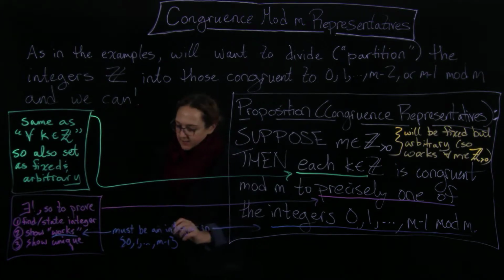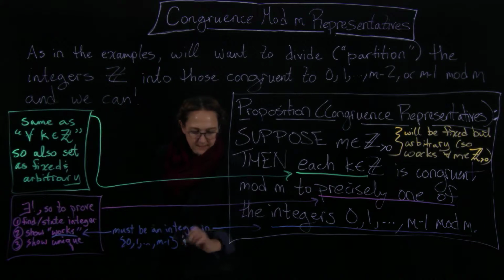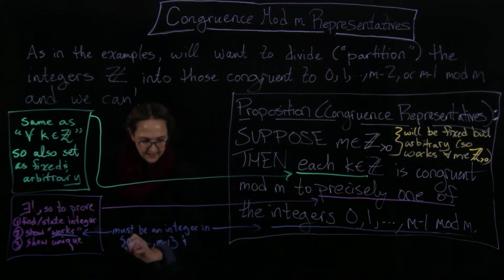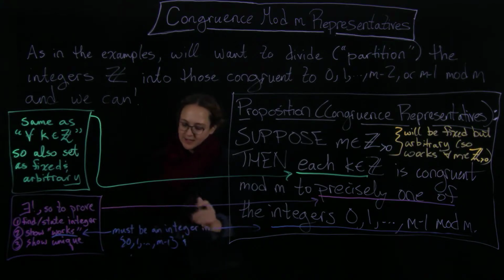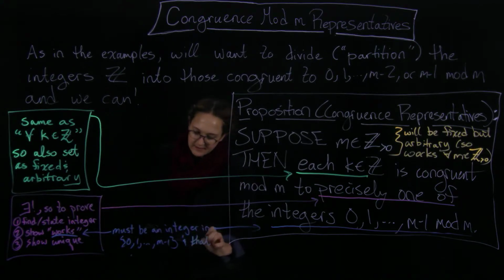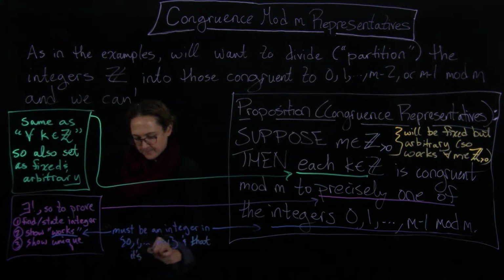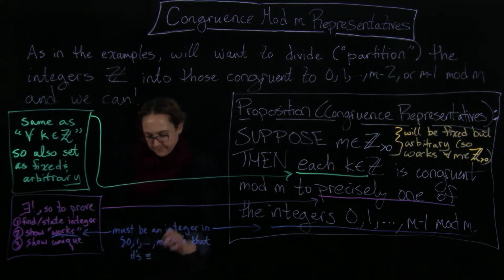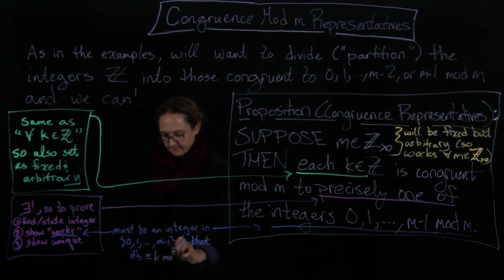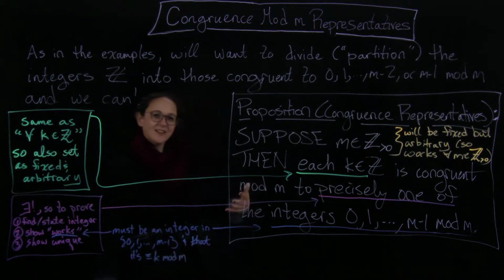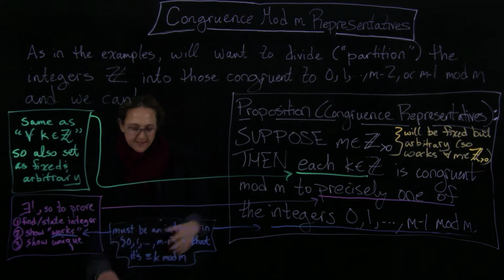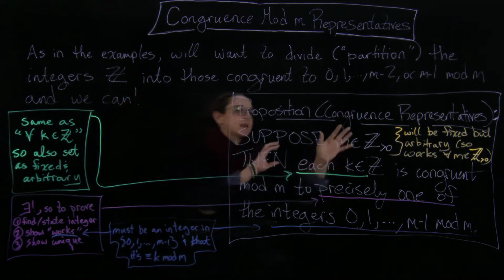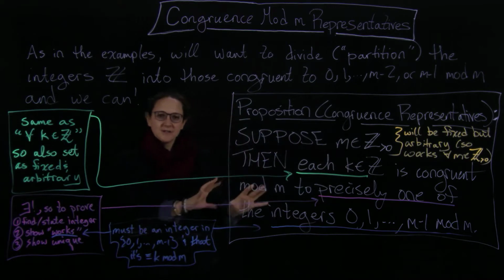And then also, it's congruent to k mod m. So it must be an integer in here, and it's congruent to k mod m. To say what's going on here: this is going to work any time you fix for me a positive integer m and a positive integer k.